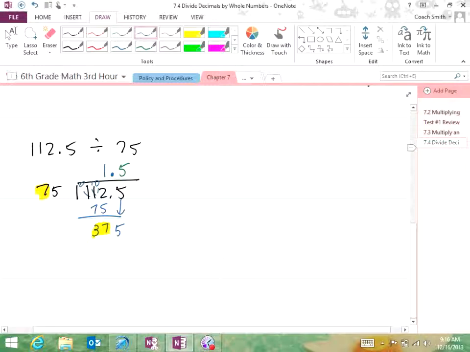We're going to say that 75 goes into 375 5 times. 5 times 5 is 25. Carry my 2. 5 times 7 is 35 plus 2, 37. Remainder 0. So your answer then is 1.5.